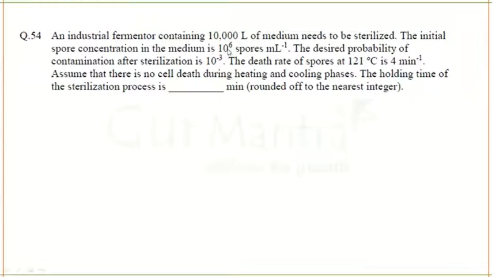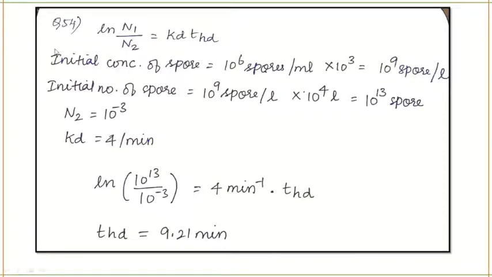Initial concentration is given as 10 power 6 per ml, but we want it per liter. So we do 10 power 6 divided by 10 power minus 3, which becomes 10 power 9. So the initial concentration of spores is 10 power 9 spores per liter.